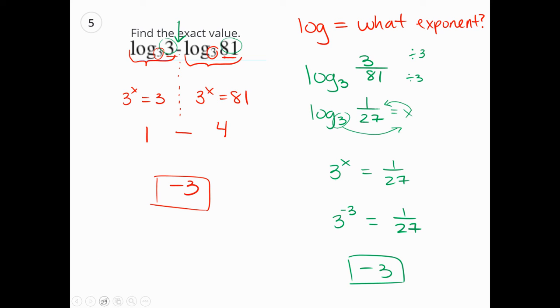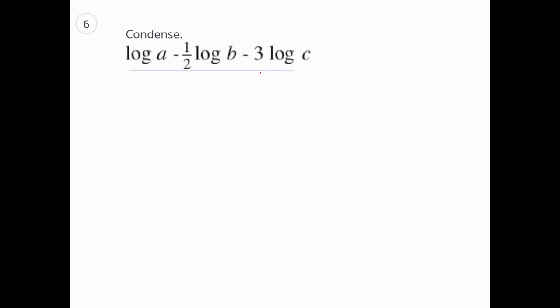All right, let's go forward. Condense. This one is kind of involved. I might do it two ways. We'll see how I feel as we go through it. When we condense, I consider it going backwards. Going forwards, we would spread out all of our multiplication and addition, and then we would plug anything that we can.